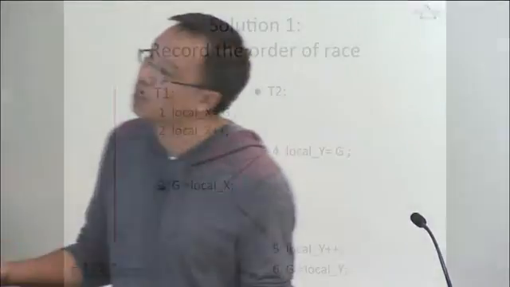So we have to restore a particular race order to be able to produce the same program output. Okay, so this is the essence of deterministic replay, that we need to catch or restore the order of race, as illustrated by this example. Otherwise, the computation result would be different.